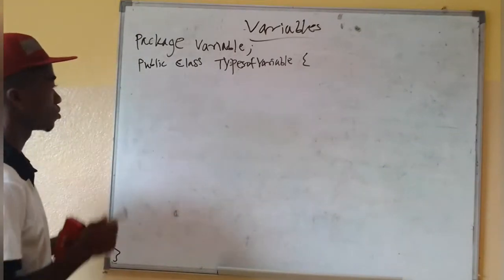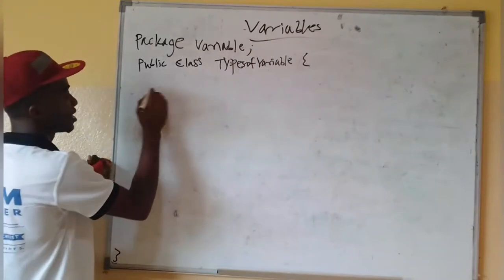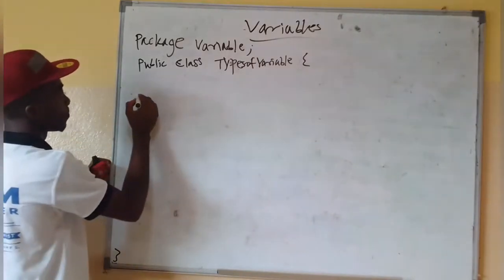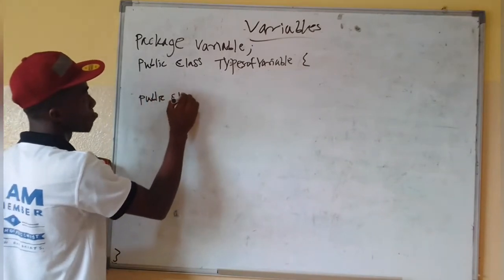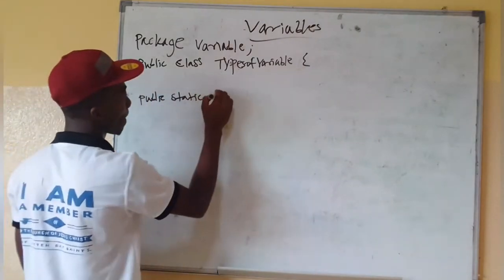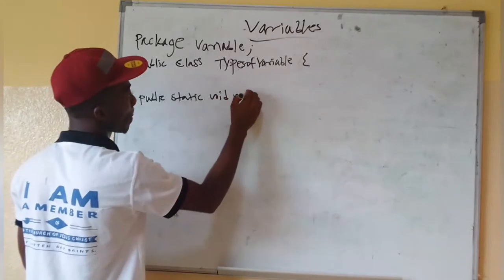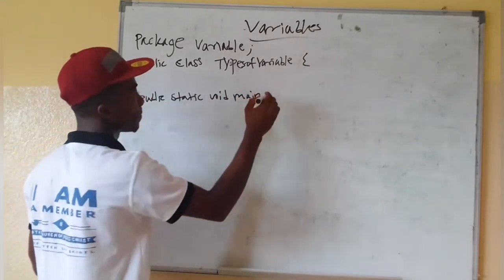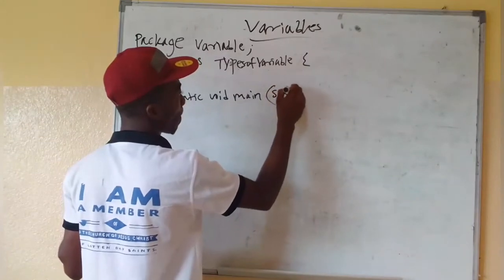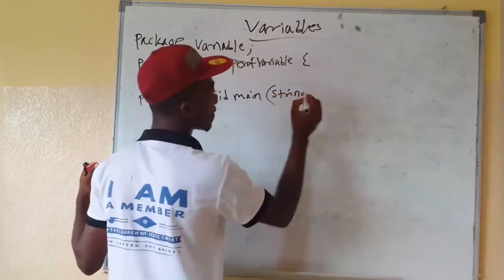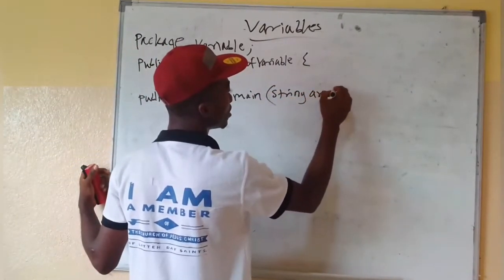now I'm going to write the public static main method, which is the main method here. Public static void main, open a parenthesis, String args.